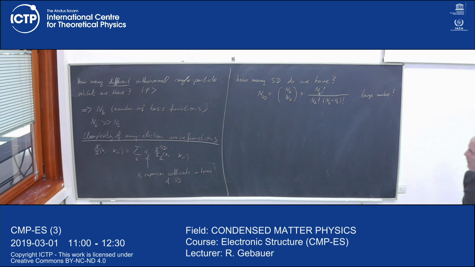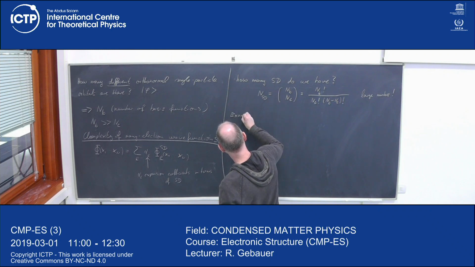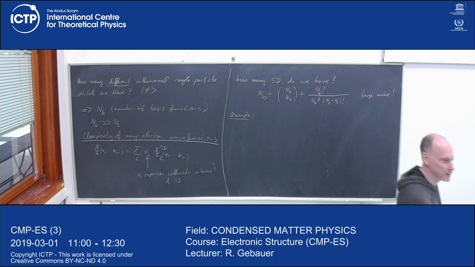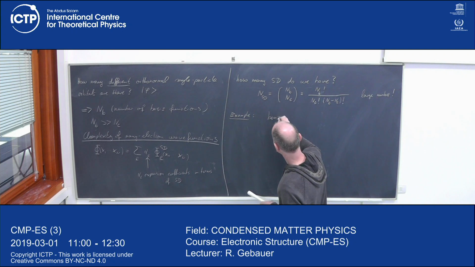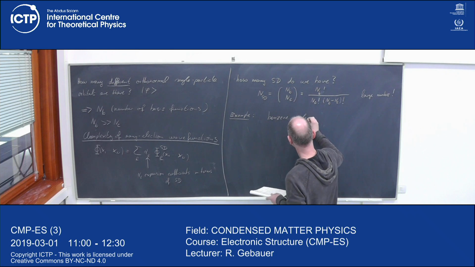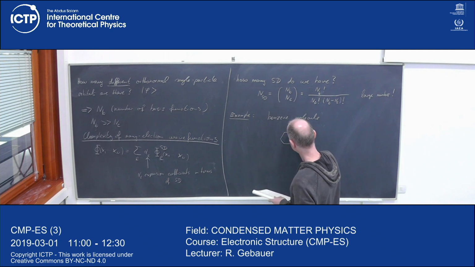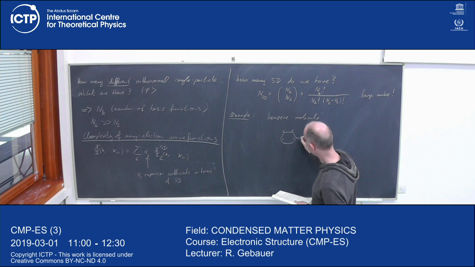I think the best way to see this is by looking at an example. We would like to calculate the electronic structure of a benzene molecule. The benzene molecule is nothing particularly complex. It looks like this: you have 6 carbon atoms, carbon, carbon, carbon, carbon, carbon, carbon, and every time a hydrogen attached to it.